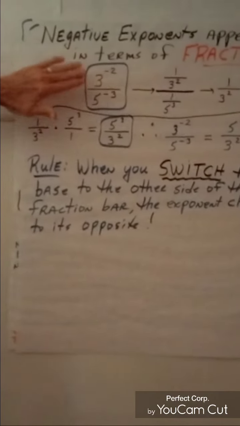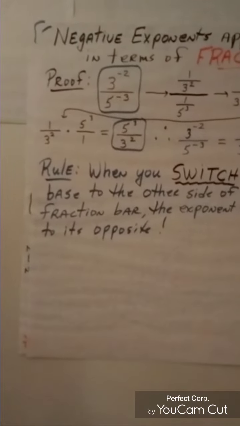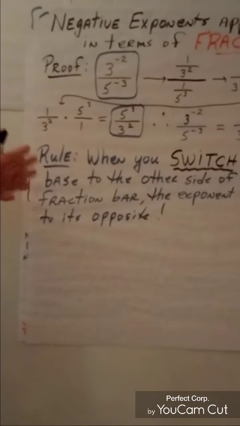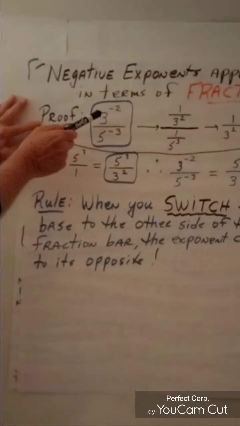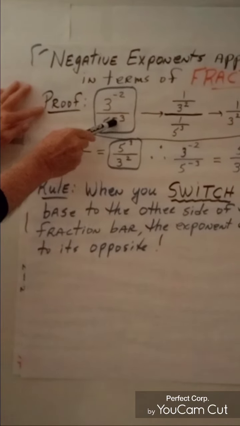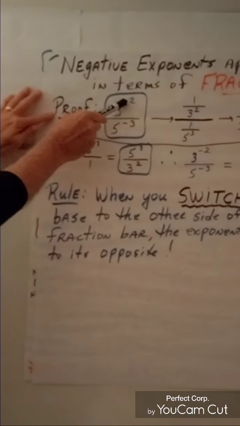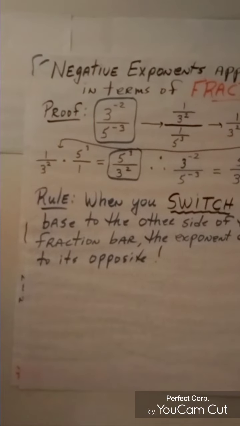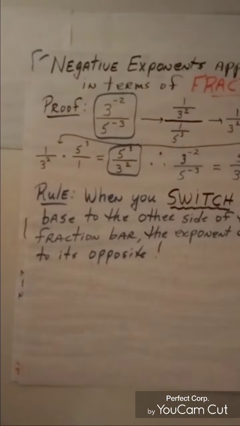So here's the little problem that we're going to show a proof of that's going to lead to a further rule that we can follow when this occurs. When the numerator or the denominator or both numerator and denominator contain powers with negative exponents.